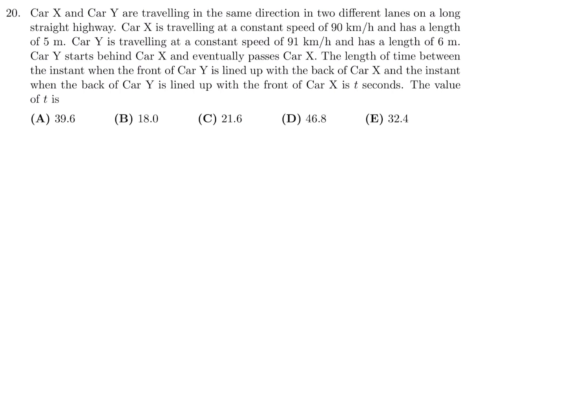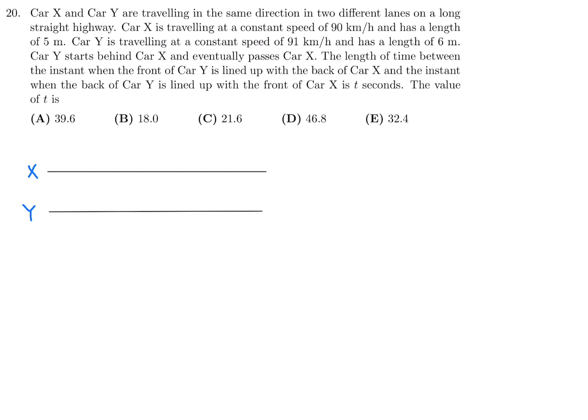Well, let's first draw a diagram to try to figure out how we're going to do this. We've got the first lane and the second lane, and we will call this the X car and the Y car.